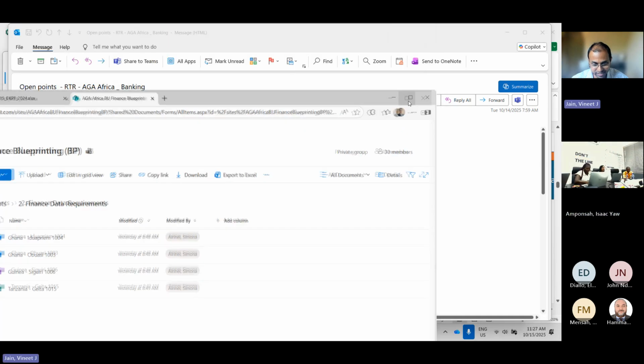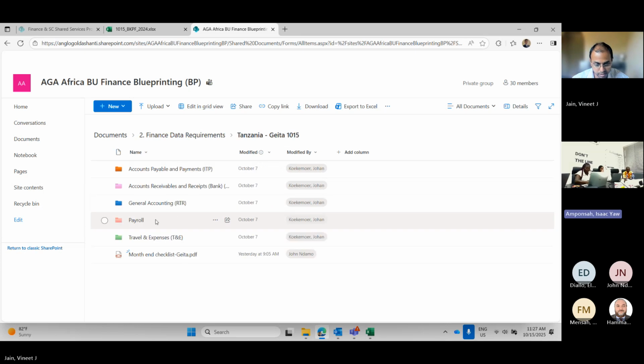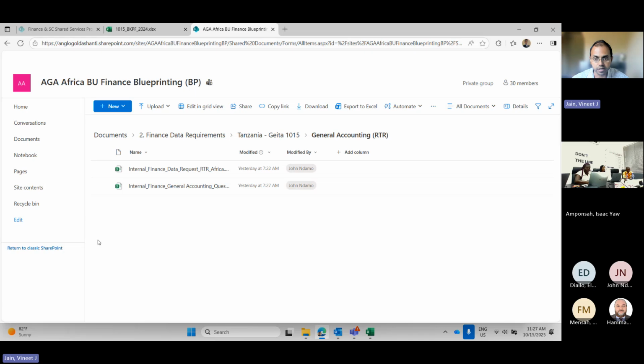When you click on the link, you will have your own folders like this, and you can upload your document. You click on this and you will see General Accounting R2R, where we are right now. Click on this and you can upload the checklist here.